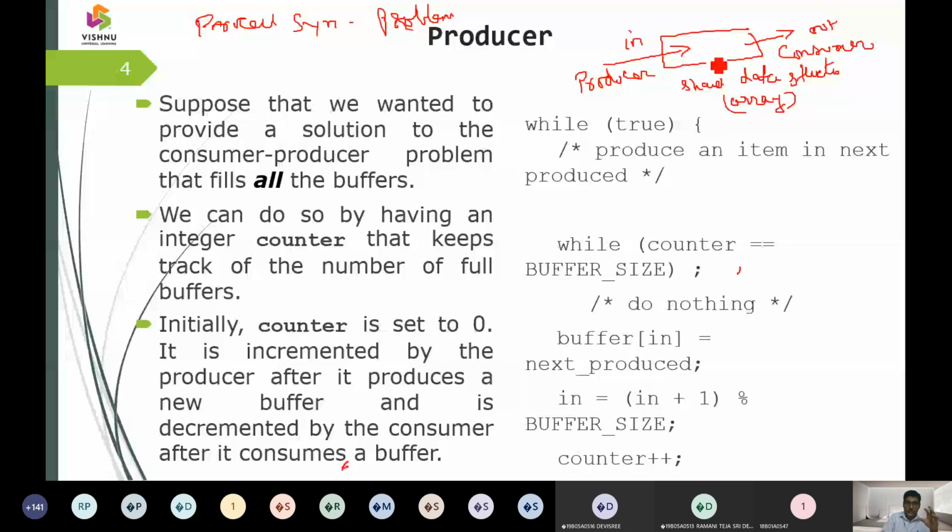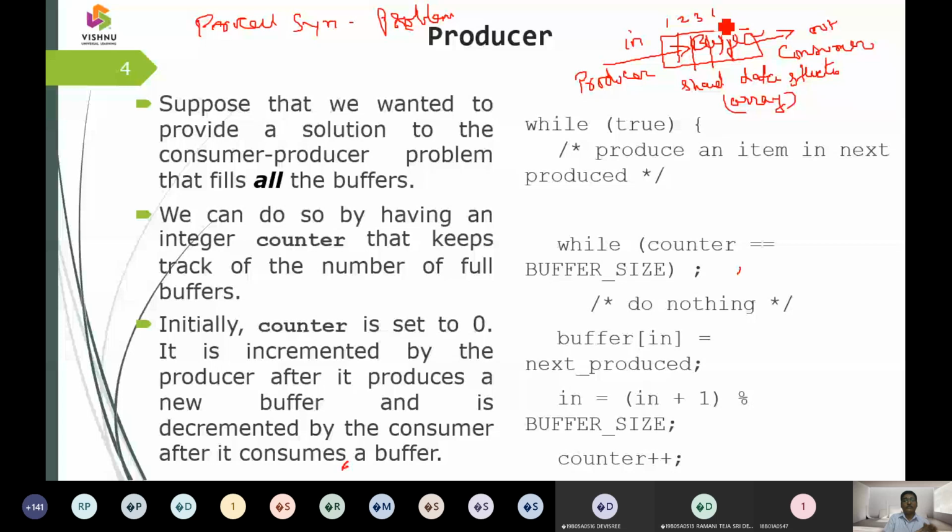So now we can look into this algorithm. We are going to write pseudo code for that. While true, produce an item into next produced, and second, while counter is equal to buffer size. Assume this is a buffer with an array, and the array has 1, 2, 3, 4 and 5 elements.